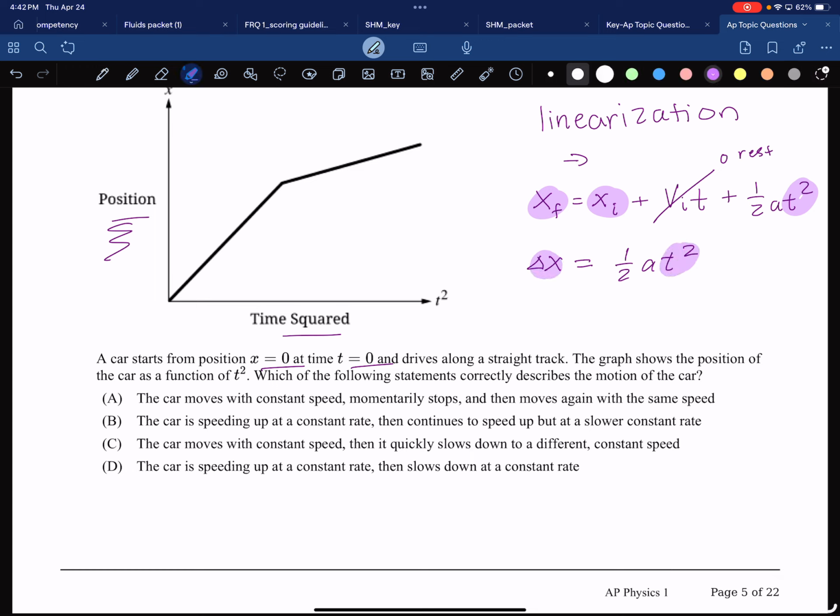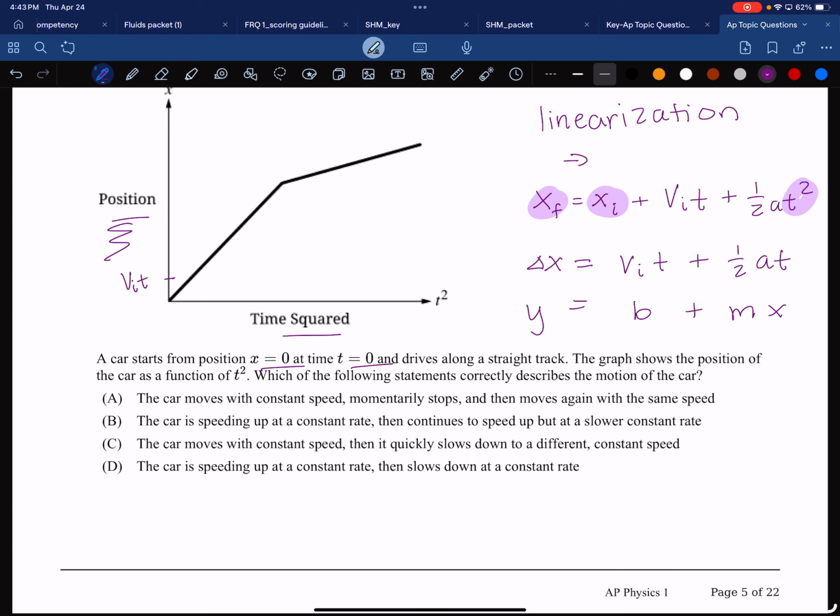Okay. So, oh wait, let me backtrack on that. I actually have a better explanation. So instead of assuming that, what I can say is that my y-intercept can be velocity times time. This is my b, this is going to be my mx, and then this is going to be my y.